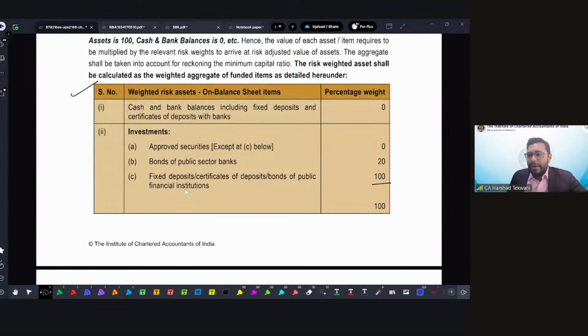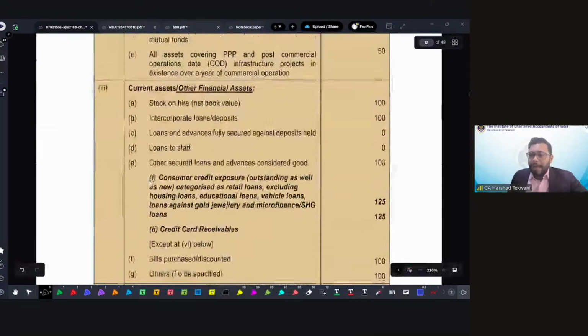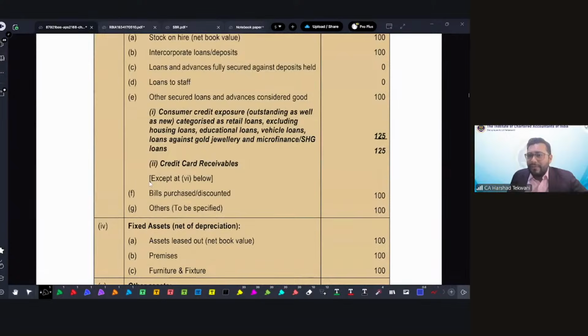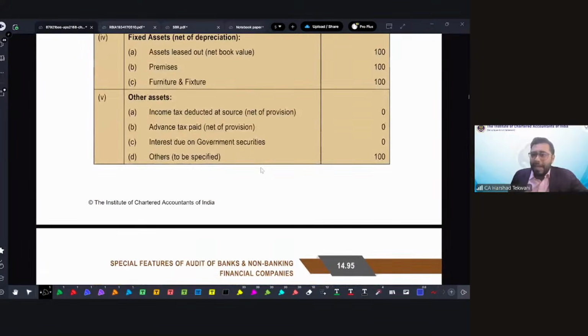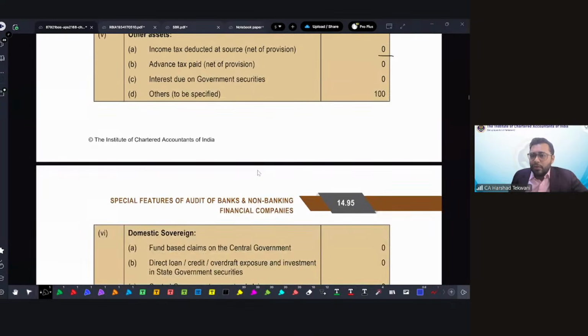Either it is 100, or it is 0, or it is 125. 125 is assigned to only these two categories. There is no other 125. Apart from that, either it is 100 or 0. So you just need to see whether it's risk-free or risk-driven.